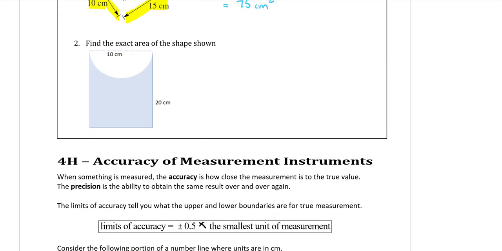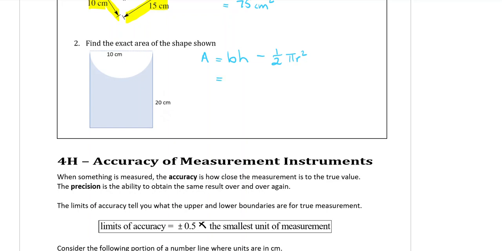Question 2, to find the exact area of the shape shown, the shaded section that is referring to. What we would do is we would find the area of the outside rectangle using A equals BH, and then we would subtract off half of a circle, so half of pi r squared.